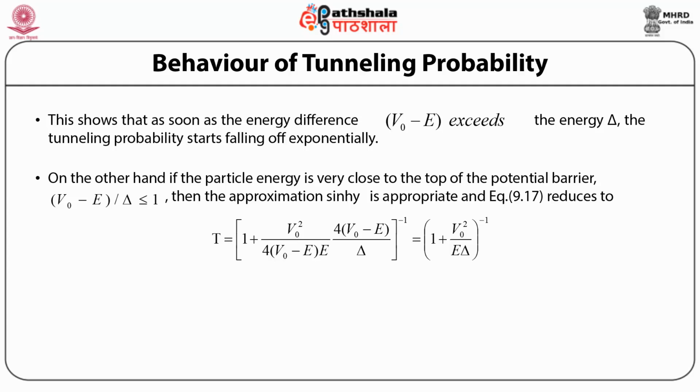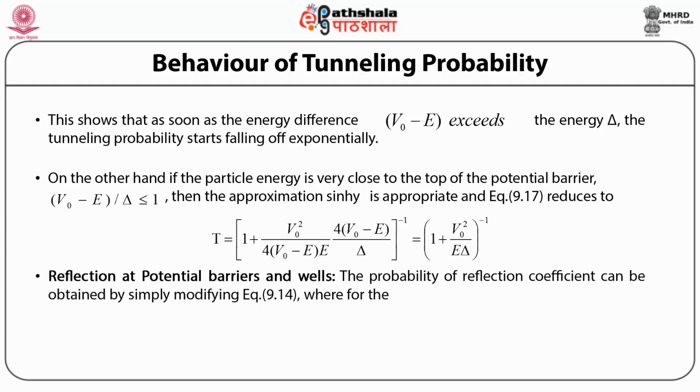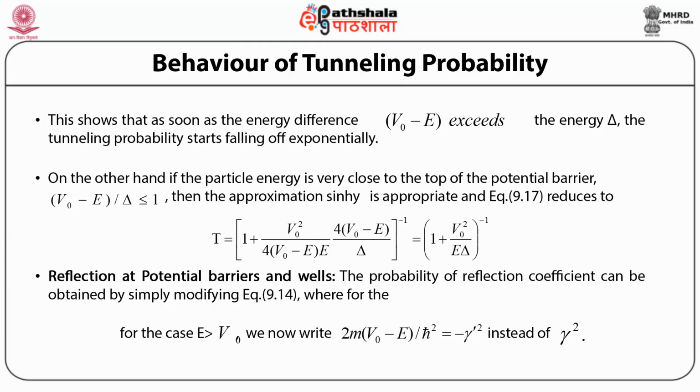We next discuss the reflection at potential barriers and wells. The probability of reflection coefficient can be obtained by simply modifying equation 14, where for the case E greater than V naught, we now write 2m into V naught minus E divided by h cut square is equal to minus gamma prime square instead of gamma square.